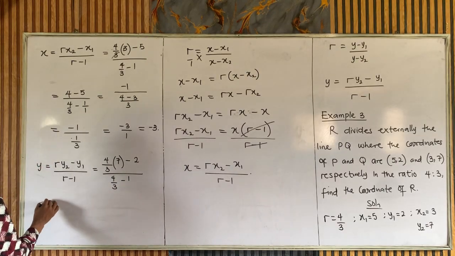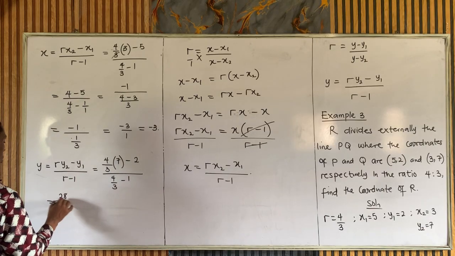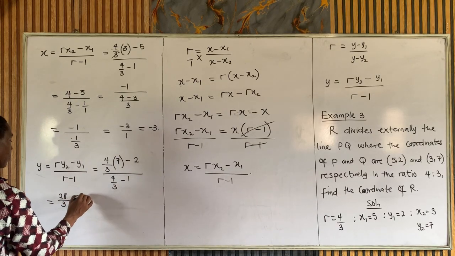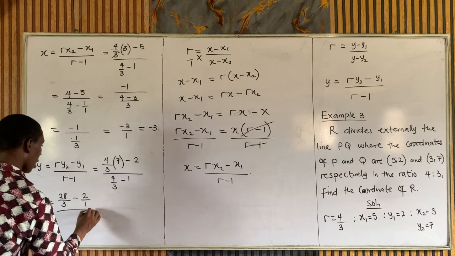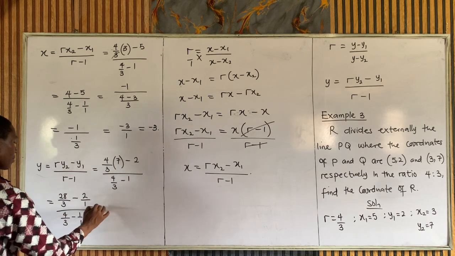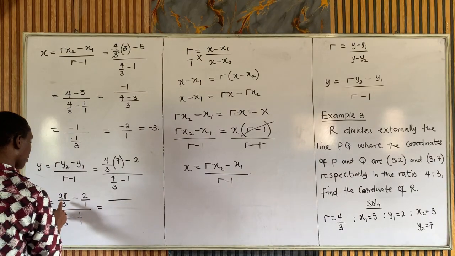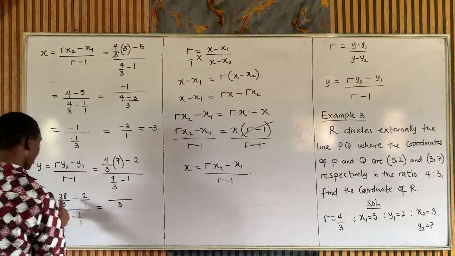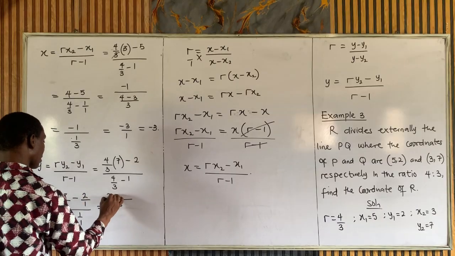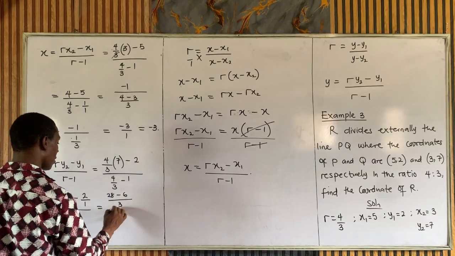This will give us 4 times 7, 28/3 minus 2/1, all over 4/3 minus 1/1. And here, taking the LCM of the numerator, that's 3. 3 in 3, 1 times 28, that's 28, minus 3 times 2, that's 6.